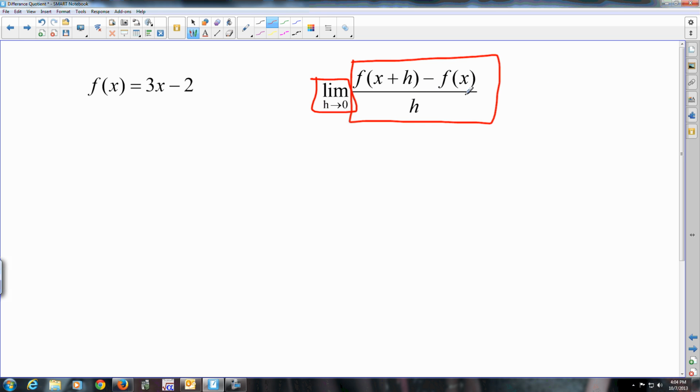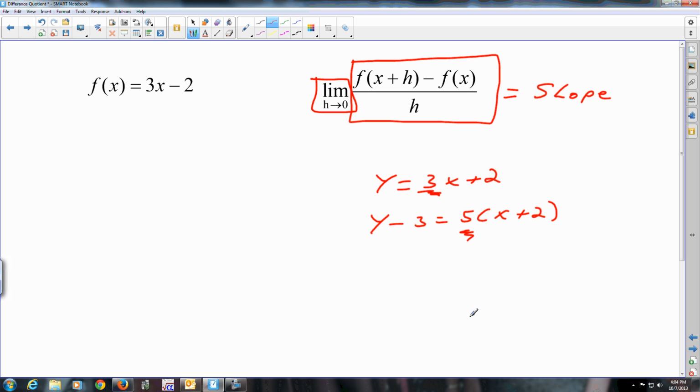But this is the difference quotient, and what it finds for you is slope. More importantly, the only thing you guys have been able to do with slope so far is find slope on the equation of a line. This would be the slope, or this would be the slope, depending on how you wrote the equation of the line.